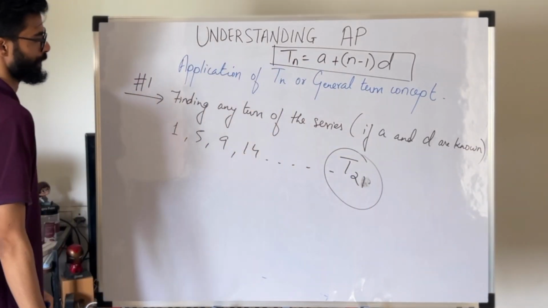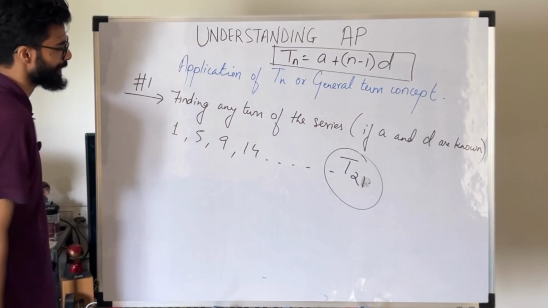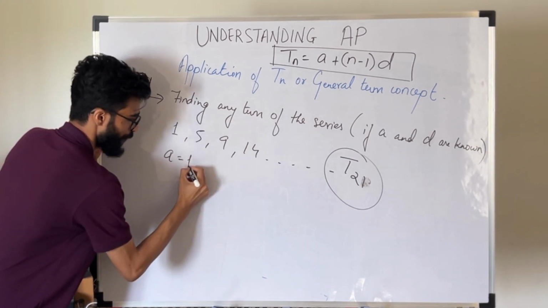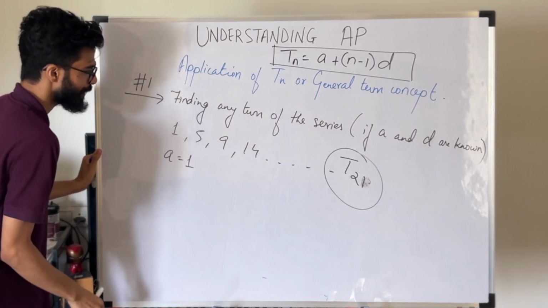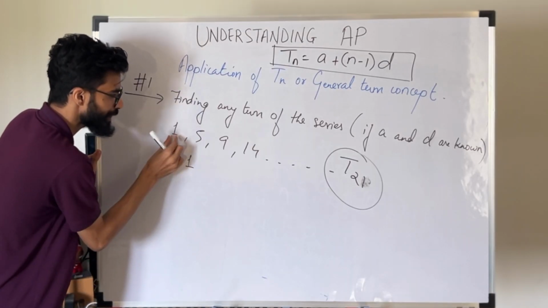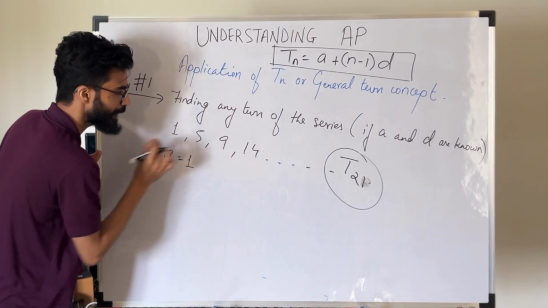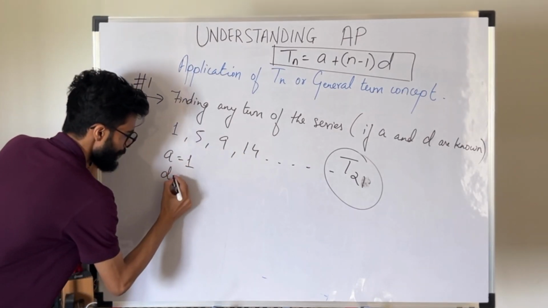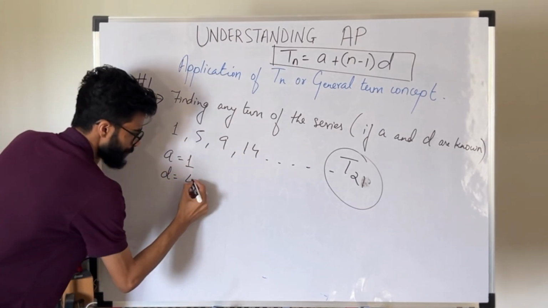निकाल के दिखाओ. So now if I observe this series, मेरा A will be the first term which is 1 and my D will be T2 minus T1 या फिर T3 minus T2 या फिर T4 minus T3. So D is coming as 4.